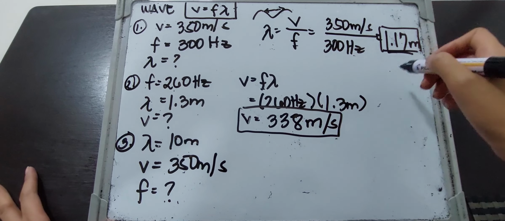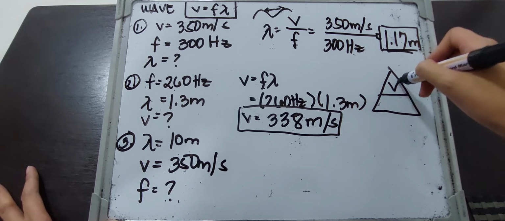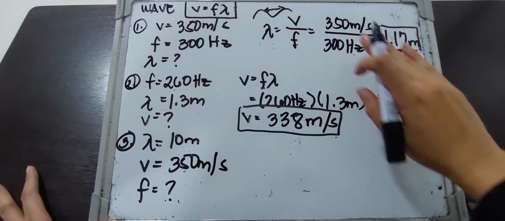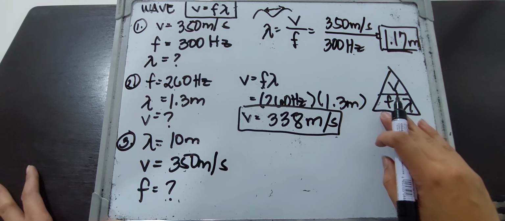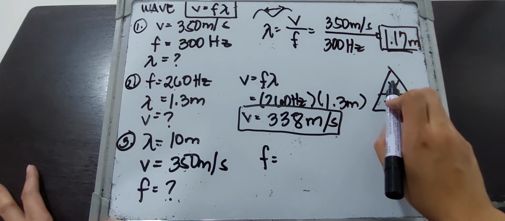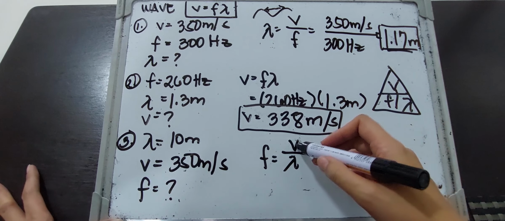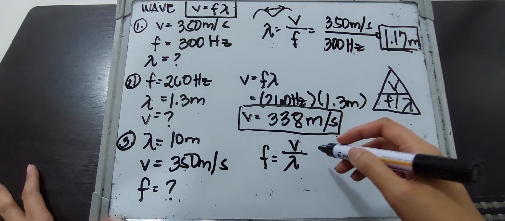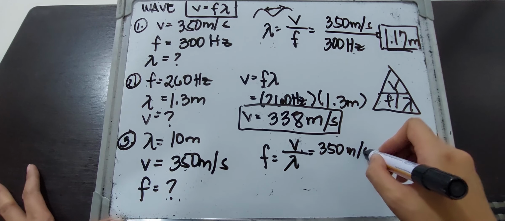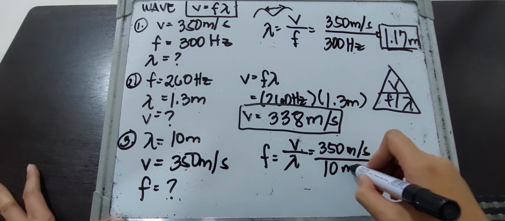So, from our triangle, since ito yung hinanap natin kanina, V divided by F. Ngayon naman, frequency ang hinahanap, so we have V divided by lambda, or speed of sound divided by the wavelength. So, speed of sound is 350 meters per second divided by its wavelength na 10 meters.